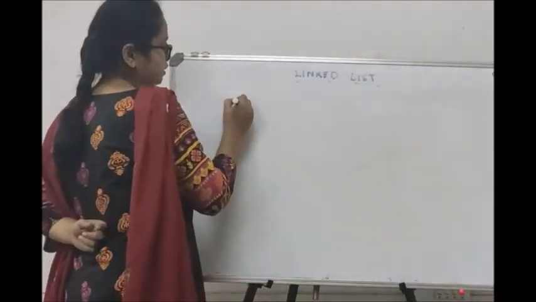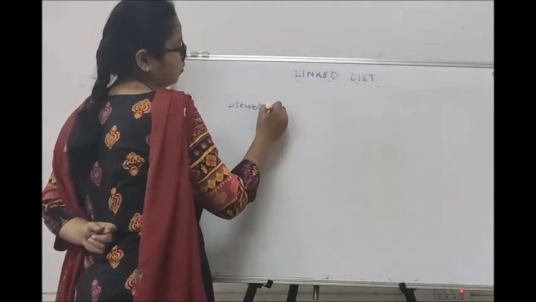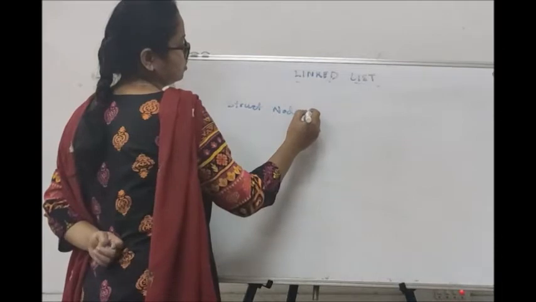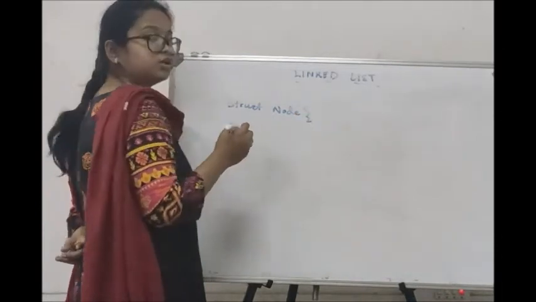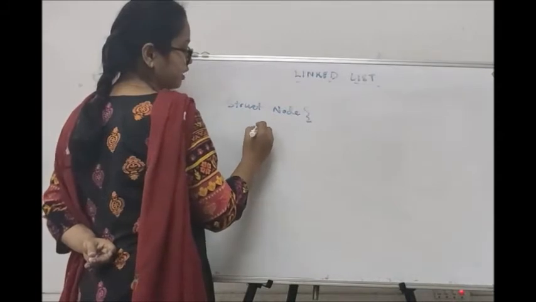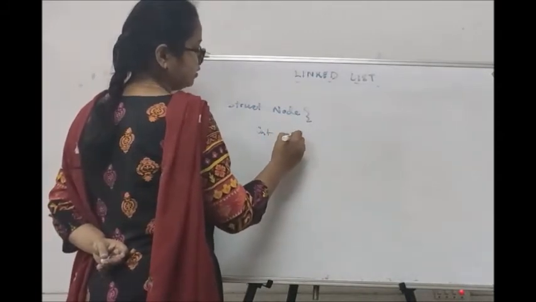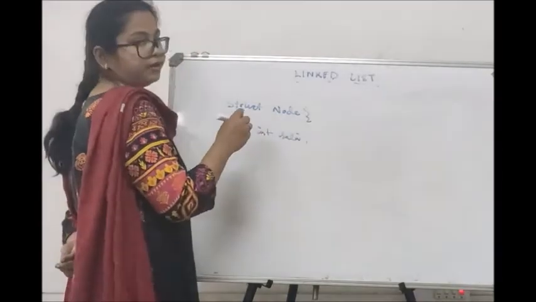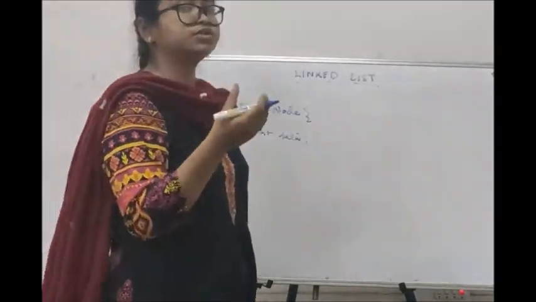A node looks like this: struct node. And what does the node contain? It may contain a data type, so integer data type, let's take int data. And a different pointer that stores the address part.